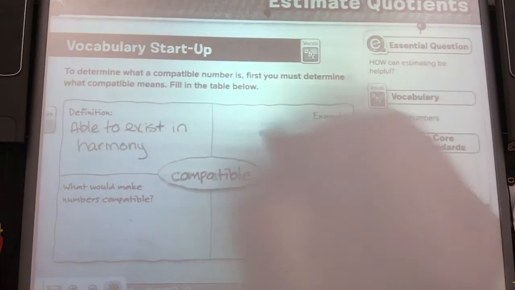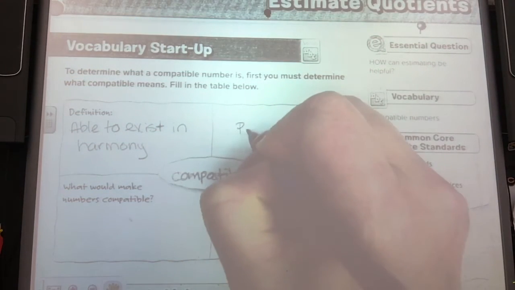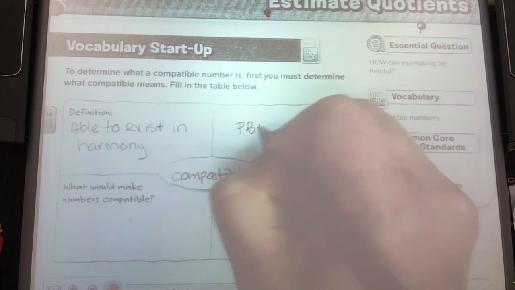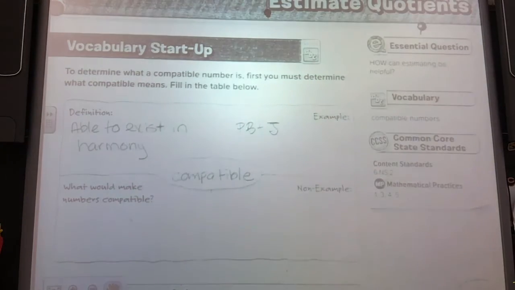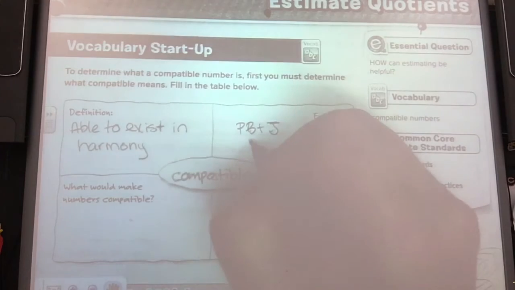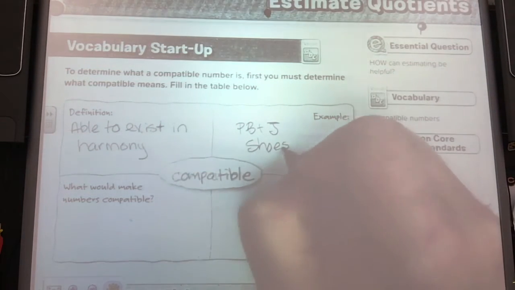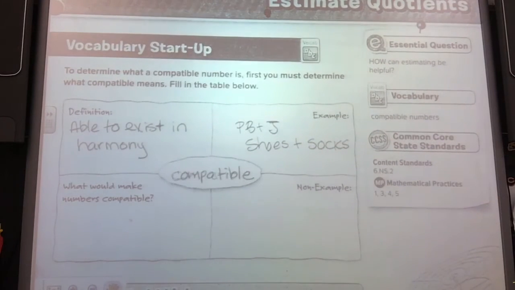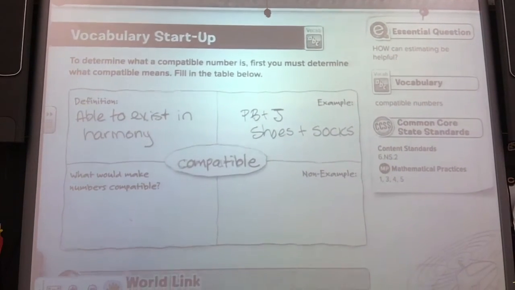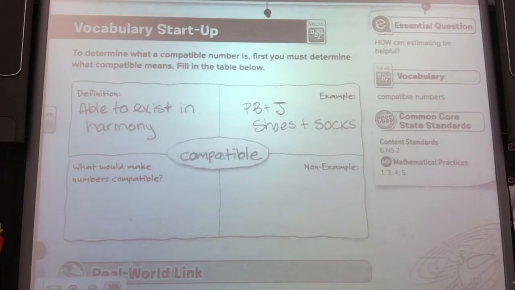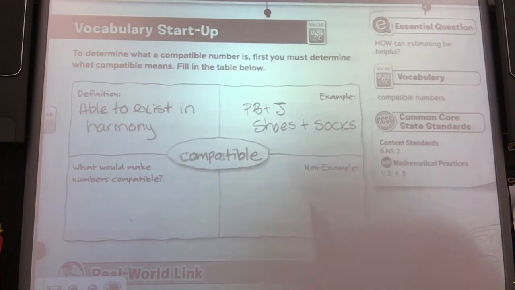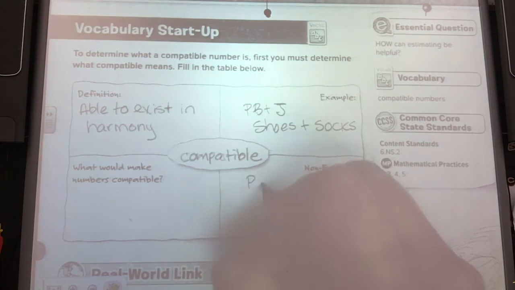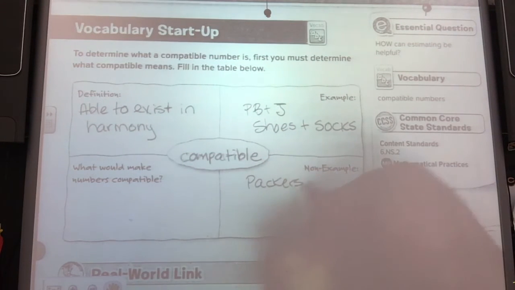So, give me an example. How about PB&J? Peanut butter and jelly is compatible. Who doesn't want PB&J? How about some shoes and socks? Shoes and socks are definitely compatible. How about Packers and Bears? They are definitely not compatible. So a non-example, Packers and Bears.